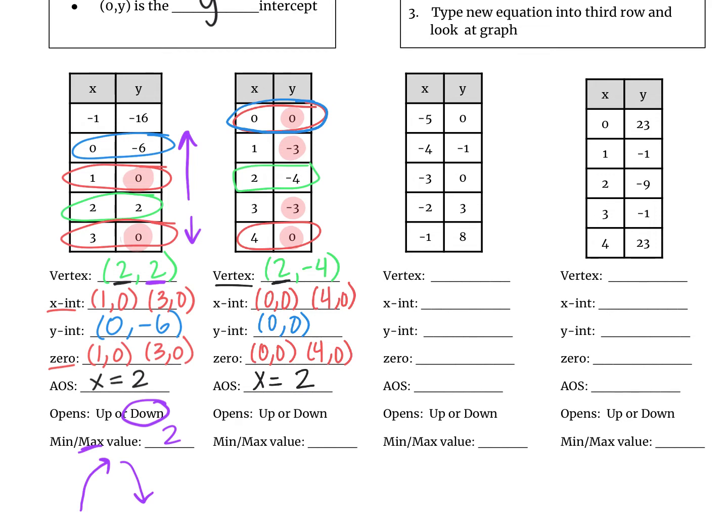And now we want to look at if this graph is opening up or opening down. So let's look at those y values before the vertex. Before the vertex, we have 0, negative 3, and negative 4. Those numbers are decreasing, they are descending. And then after the vertex, we have negative 4, negative 3, and 0.